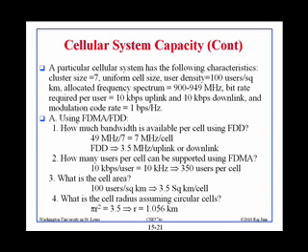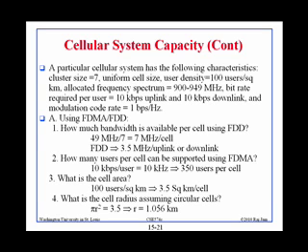So each cell will use 7 megahertz, and because we are going to do FDD, we are going to divide that in half. So each direction can use 3.5 megahertz. This is just an example, and basically it's like planning your cell service for the carrier. So that is the first answer.